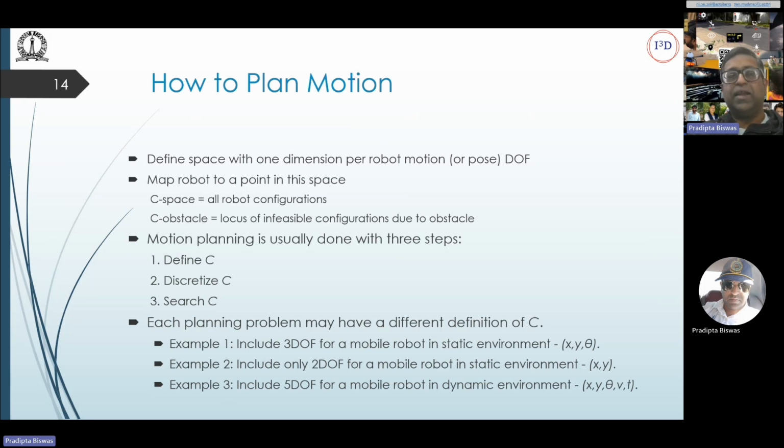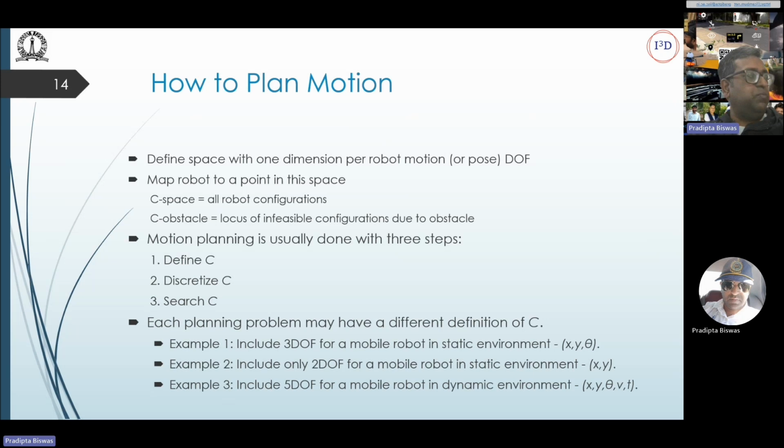So if you decide that you will only move the robot in 2 directions, it will be different than if you also consider that the robot will go in 3 dimensions, or become a drone, or you also require the orientation of the robot. Say, for example, in one class I showed you a video of a warehouse simulation.